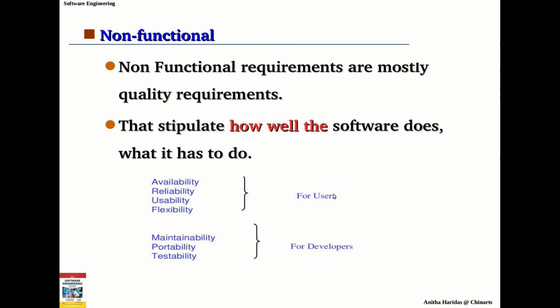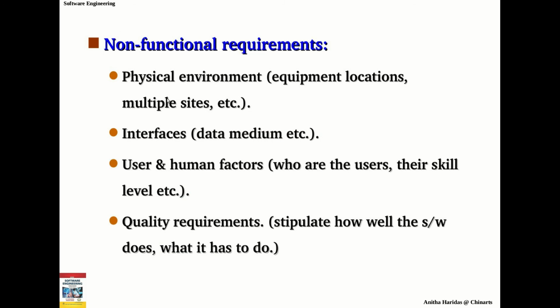As I have already told you, it specifies how well the software will be doing what it has to do. So all the physical environment, say for example the equipment locations where it has to be installed and where the server is to be installed, how the local area network has to be structured, what is the architecture of the network that is available in the site.